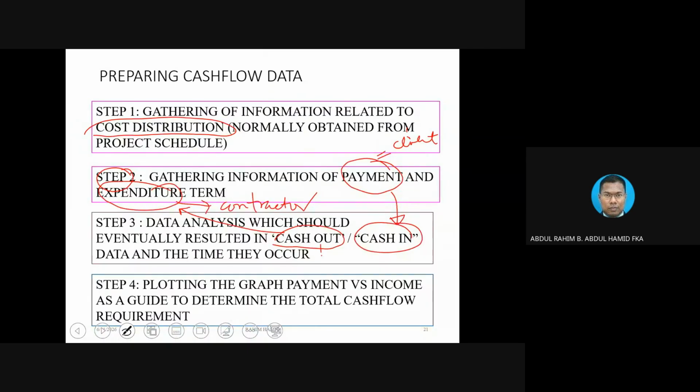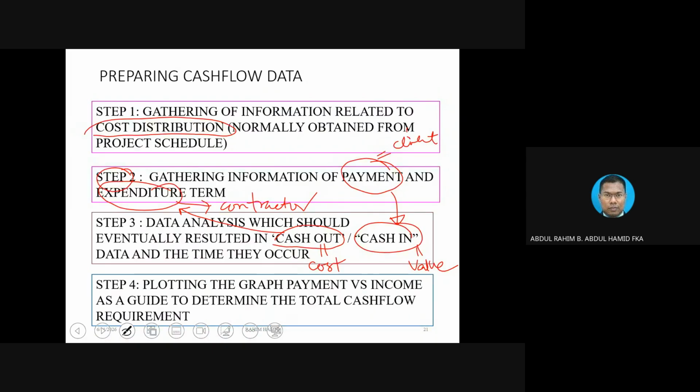Cash out and expenditure, there is another name that we can associate with that. This is equivalent to the cost, whereas cash in is equivalent to the value. And remember, the difference between value and cost would be the profit.